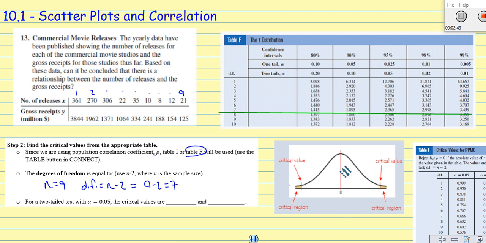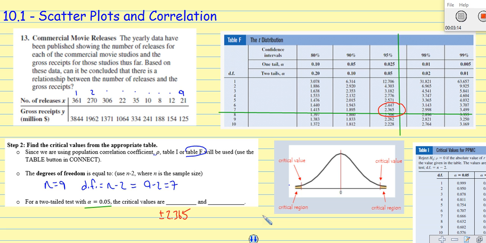We just care that it's not 0. And so we scroll across, we have a significance level of 0.05. So two-tailed, 0.05. We come down and we see that they intersect each other at a critical value of positive or negative 2.365.